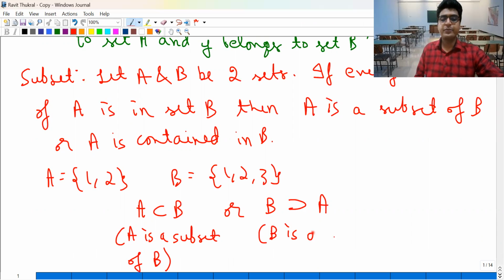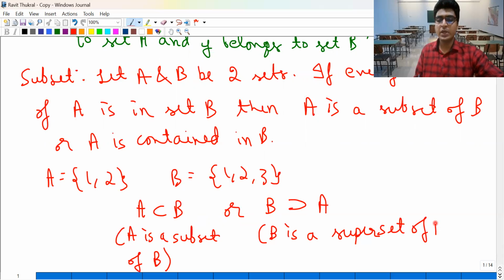B is a superset, as it contains all the elements that A has and some extra elements as well.